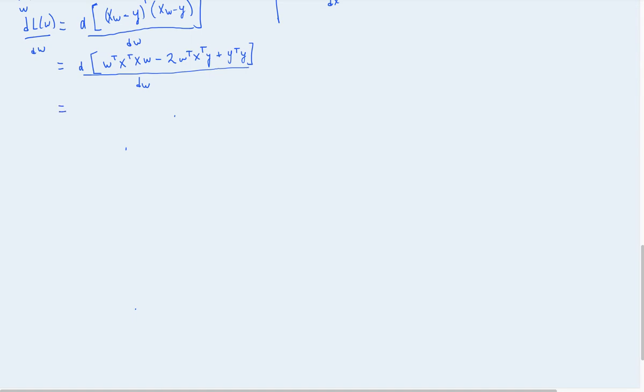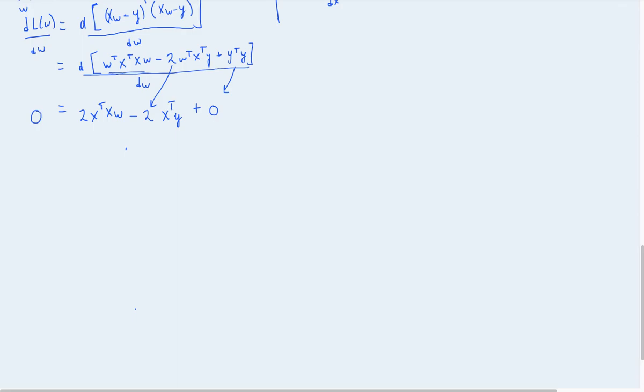With respect to W, we're just going to distribute the derivative throughout the sum. So here we'll take the derivative of that first term, which ends up being 2 X transpose XW. And the second term, minus 2 X transpose Y. Plus the derivative of Y transpose Y with respect to W, which is just 0 because that's essentially a constant with respect to W.